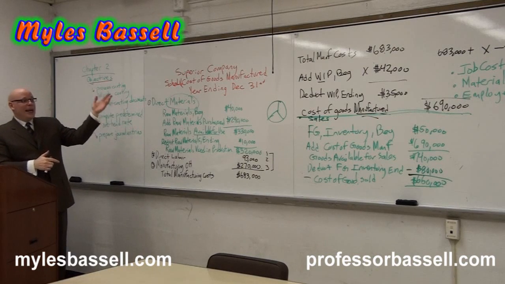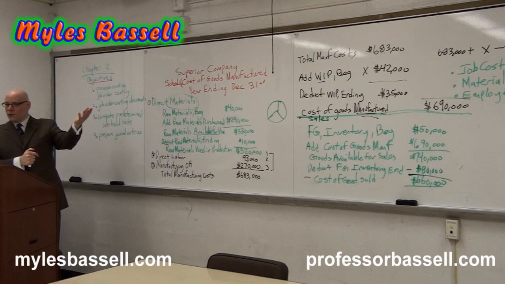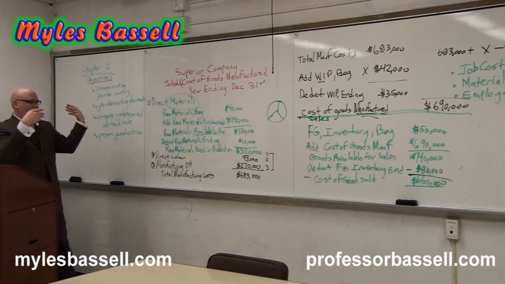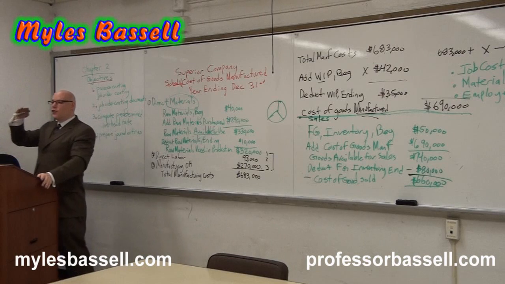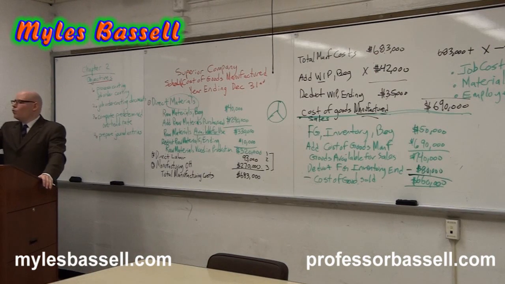So 2 ounces at 50 cents per ounce is gonna be $1 for plastic. If there's other direct materials, we're going to list those as well. Whatever direct materials are needed to make the product, it's going to show up on the job cost sheet. So what we're trying to figure out is, what is the cost to make Sky? That's what we're trying to make here. Right? Yes? No? All right.